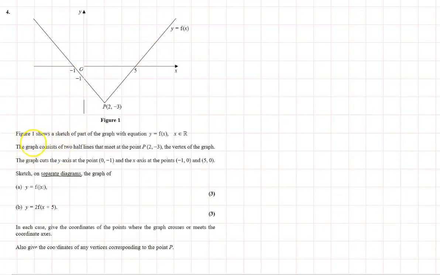Question number 4. Figure 1 shows a sketch of part of the graph with the equation y is equal to f(x), x is a real number. The graph consists of 2 half lines that meet at the point minus 2, 3. That's the vertex of the graph. The graph cuts the y-axis at 0, minus 1 and the x-axis at minus 1, 0 and 5, 0.